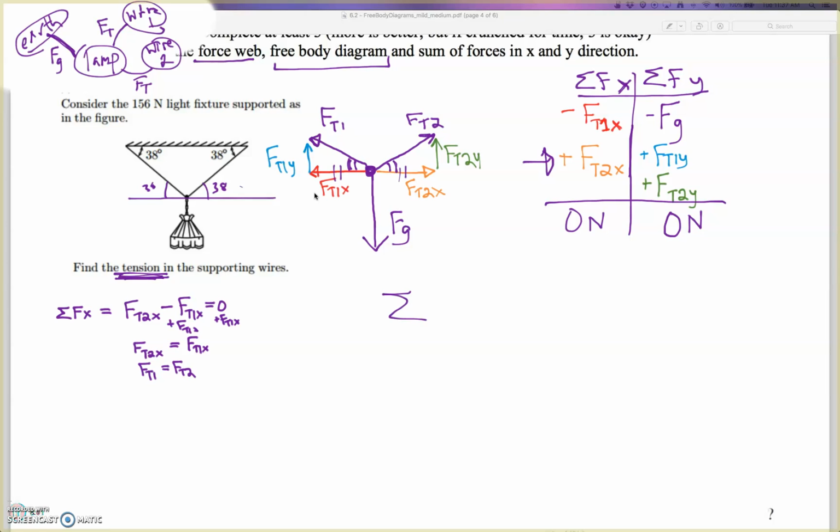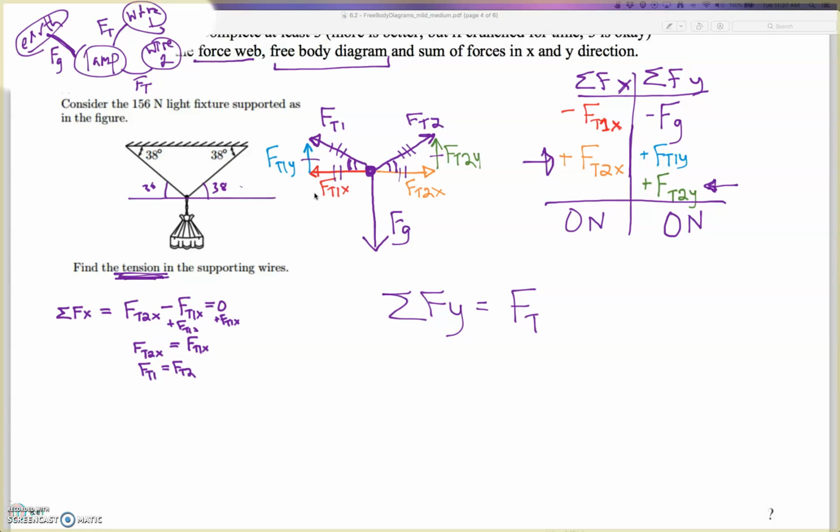I'm going to start with my sum of the forces in the y direction equation. And I'm not going to start with negative gravity just because, again, I don't like starting an equation with a negative number because often you forget to include the negative. So that'll be force tension 2 in the y direction. But it doesn't matter anymore that it's 2 and 1 because they have to be congruent.